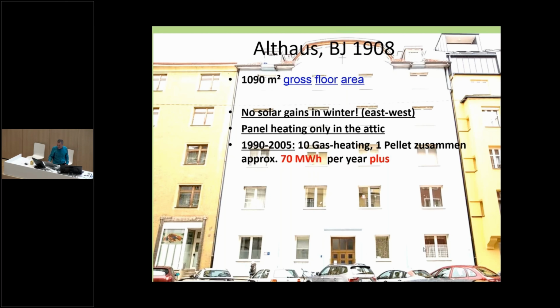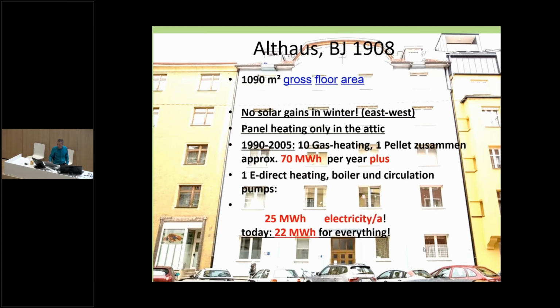In 2005, we installed 1 pellet heating, and altogether, they needed about 70 megawatt hours per year, plus 25 megawatt hours per year electricity because of the boilers, and the little flat here, this one was direct heated.